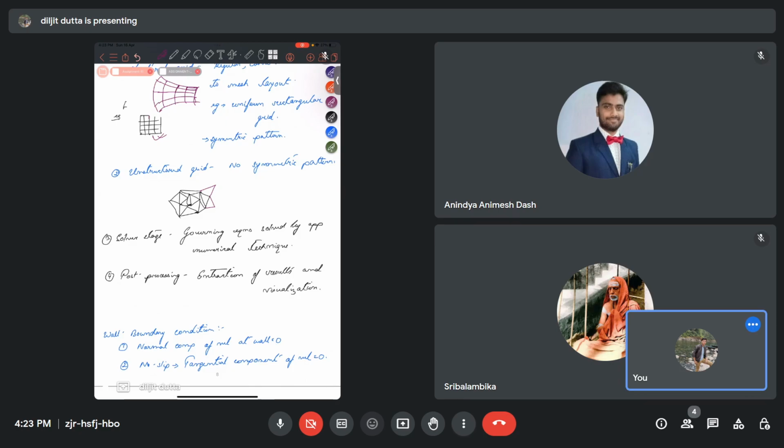So how do we select a grid? It will depend on the problem that we are trying to solve. Suppose we are trying to solve for a very complicated geometry, like a bridge pier. A bridge pier is placed in the middle of a river. In that case there will be a lot of turbulence around the pier, since the water is striking the pier at a very high velocity.